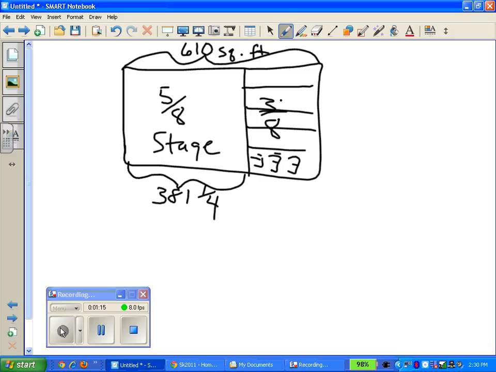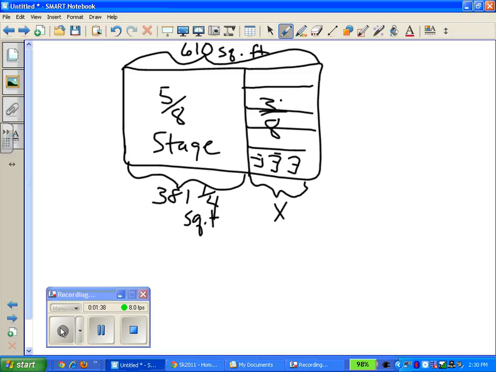So how are we going to figure out how much space this part of the stage is? If we have 381 1/4 square feet here, I'm going to put an X there, that'll be a variable. What would the value of X be? If we know that the whole stage is 610 square feet, how are we going to solve that problem?